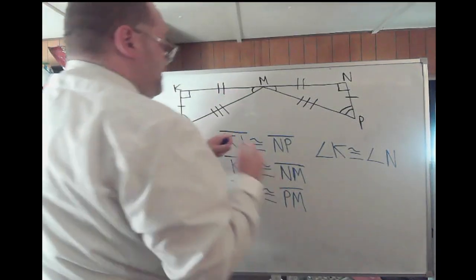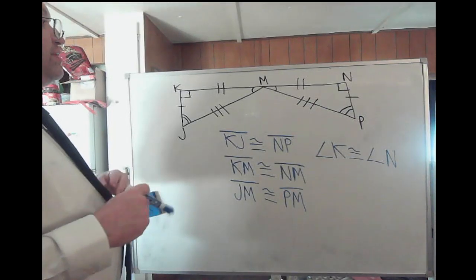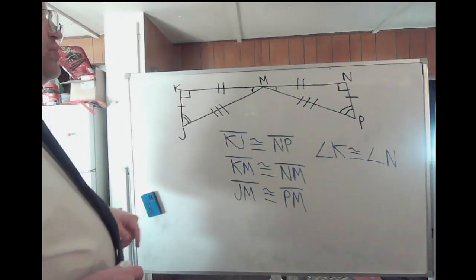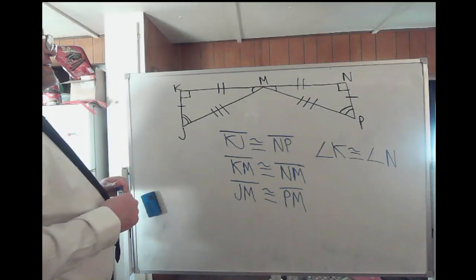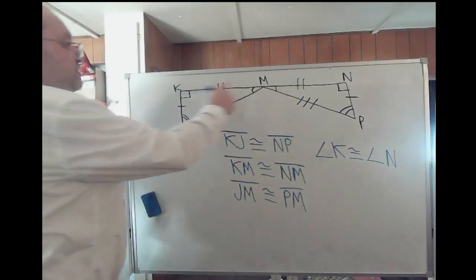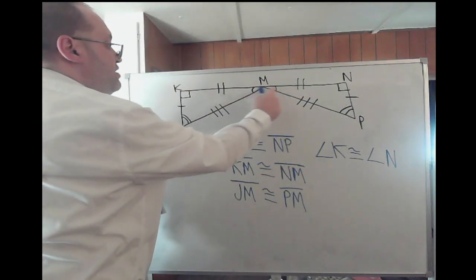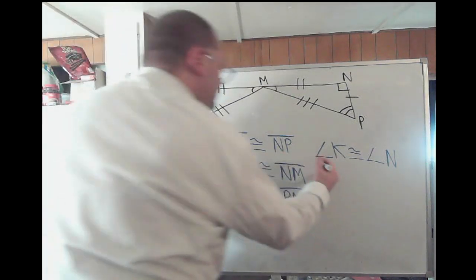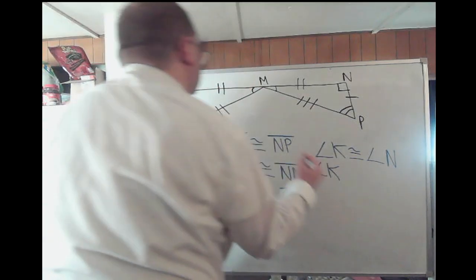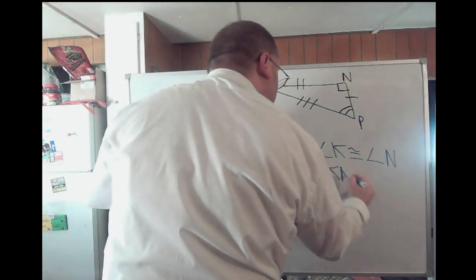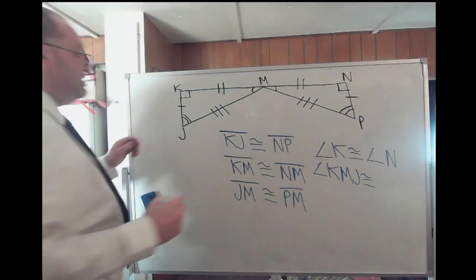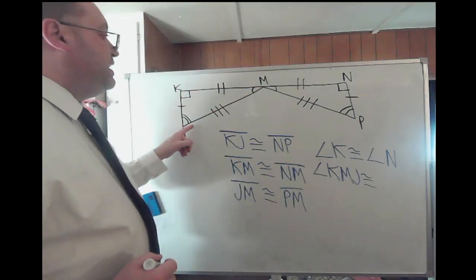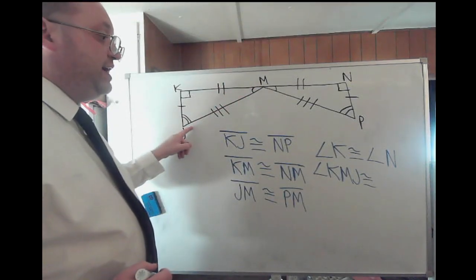Well, these both meet at M. If you want to form an angle wherever you have 2 angles meet at a certain point, they can't both be angle M. What you're going to do is take the 2 line segments that form this angle, and go to the start of the line segment, which would be K. So you'd have angle KMJ because it starts at K, goes to M, and it ends at J.